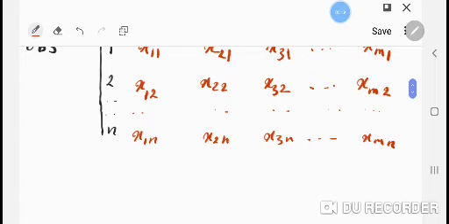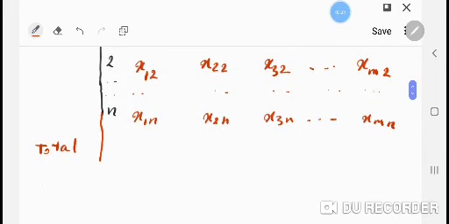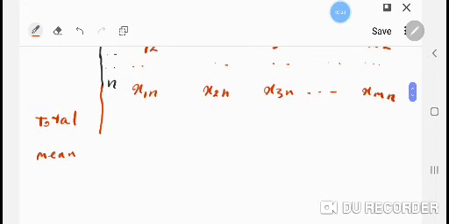With summation of these columns and rows, we can calculate the total, and the mean of columns and rows, and finally the grand mean.